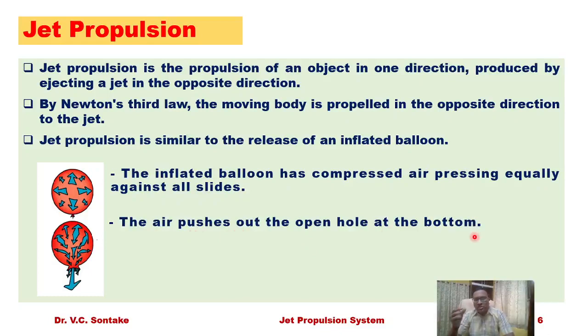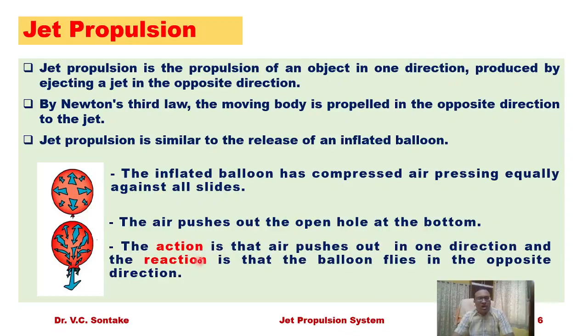When you release the hole of the balloon, the air starts pushing out from this open hole. Now, what happens? The compressed air inside the balloon is ejected from the open mouth.